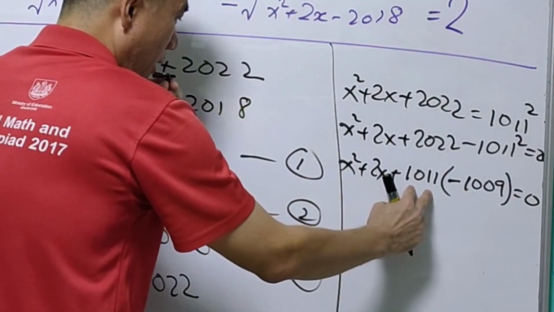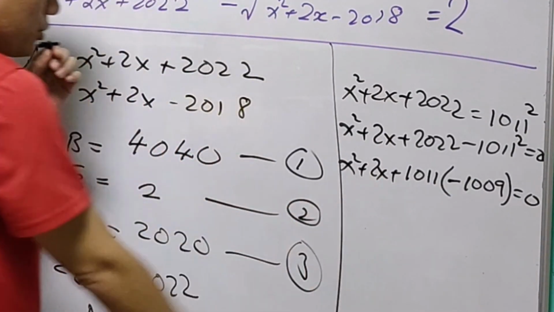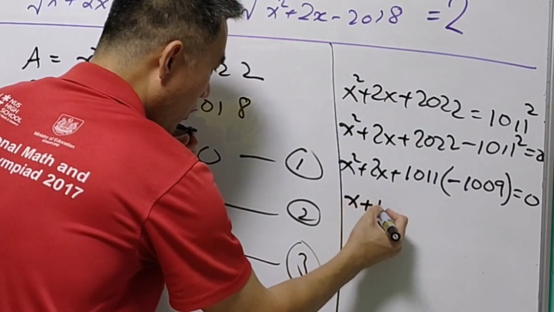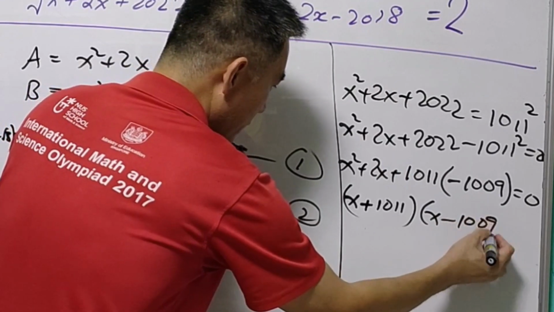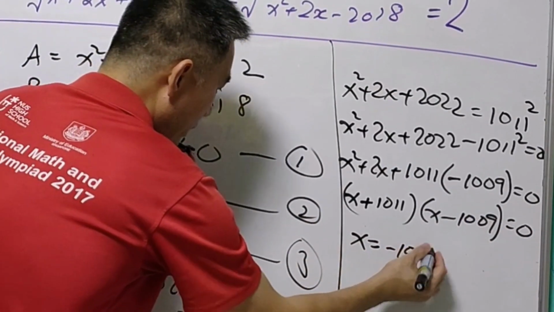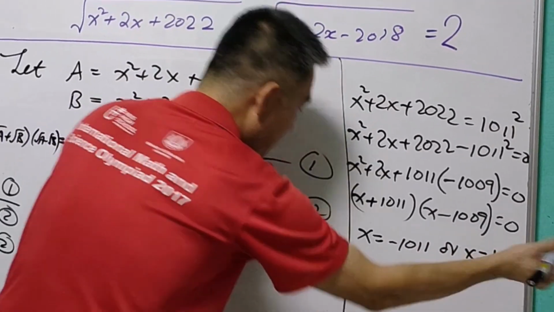Then 1011 minus 1009 is equal to 2. And this suggests that we can factor it as x plus 1011 times x minus 1009 equals 0. So x equals negative 1011 or x equals 1009.